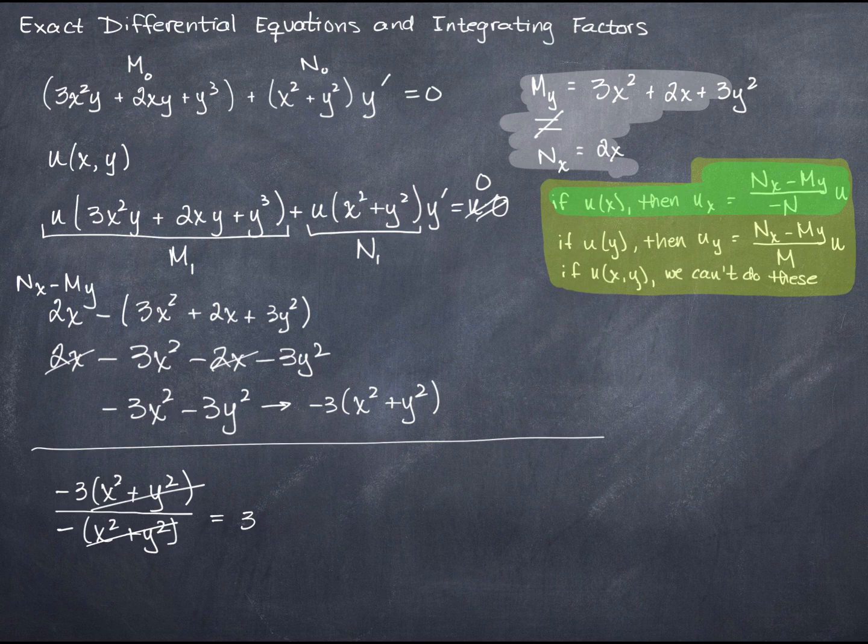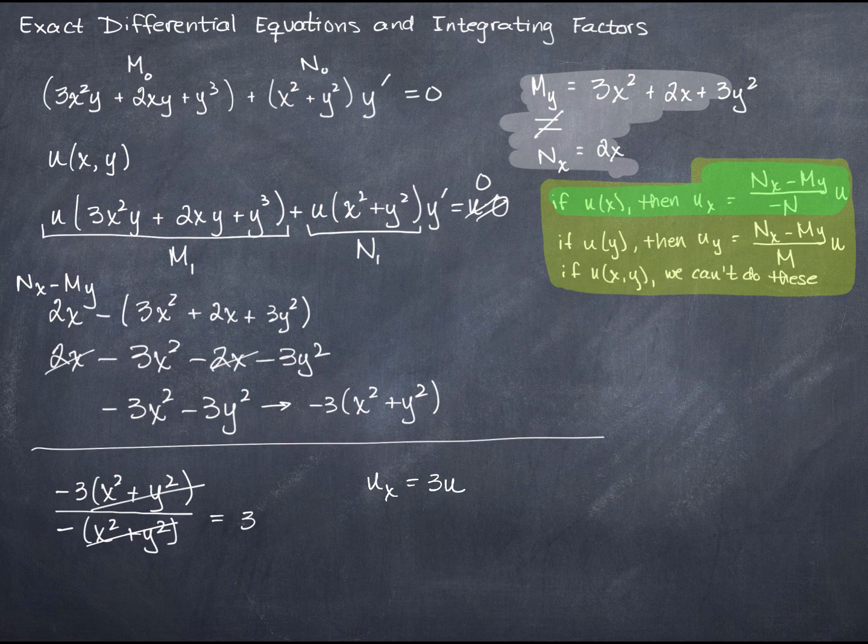So what I've got here, if you look back at this formula, is u sub x equals this expression here, N sub x minus M sub y over negative N. That turned out just to be 3 times u. So I have u sub x equals 3 times u.